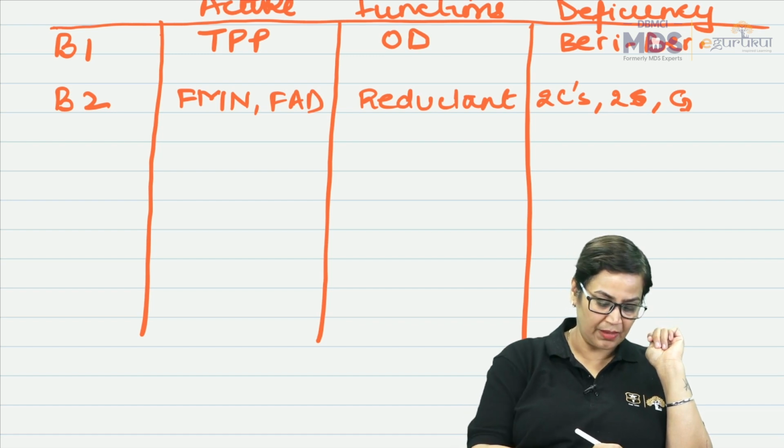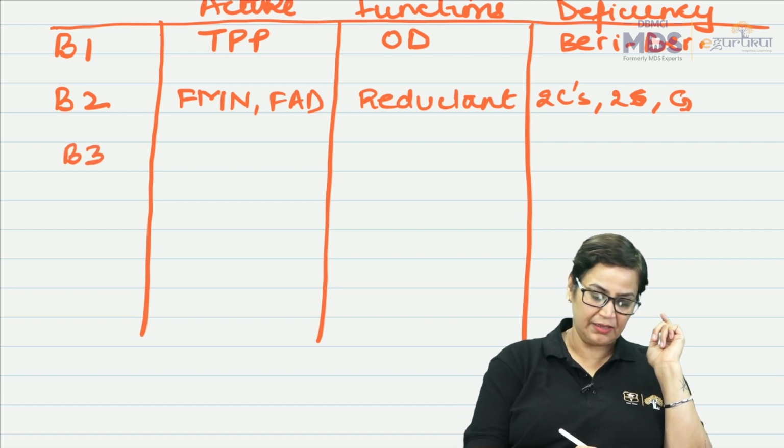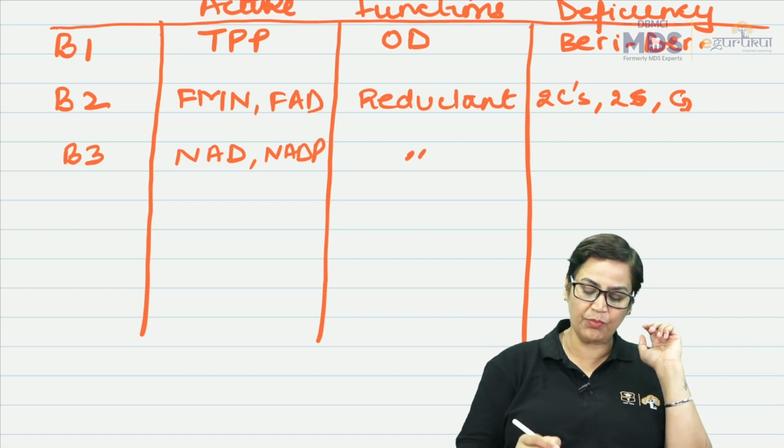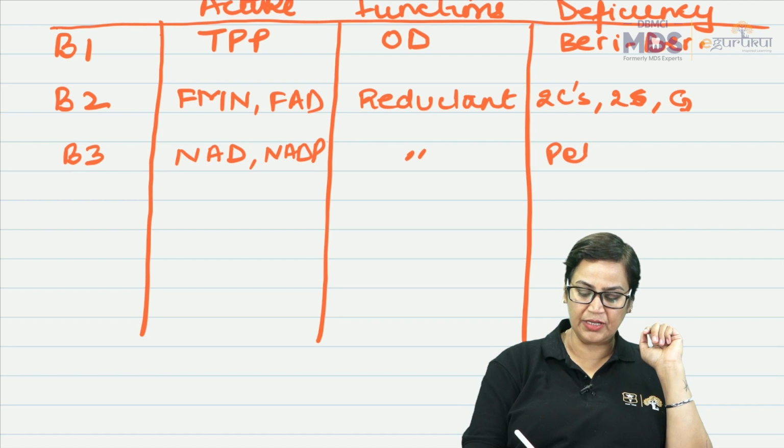Clear? B3, niacin, NAD, NADP, a reductant. The most important deficiency disorder is pellagra.